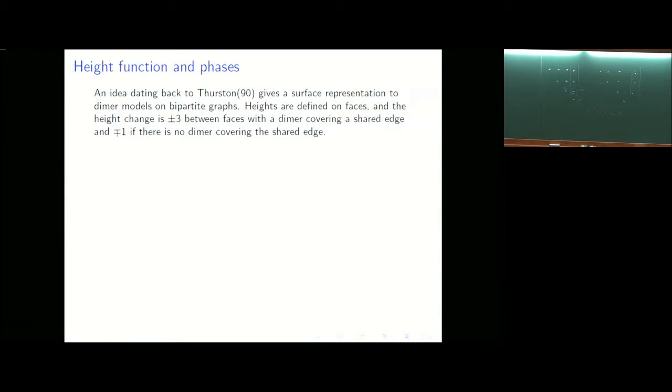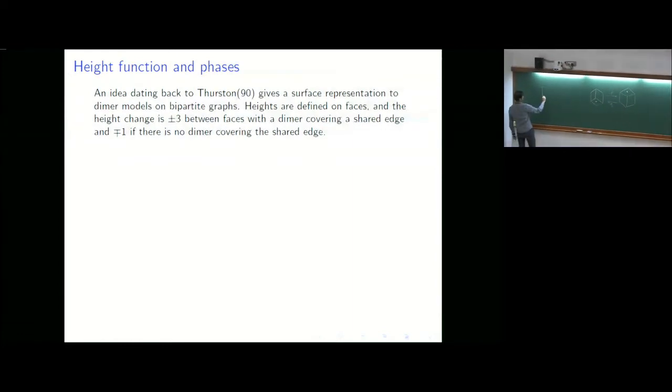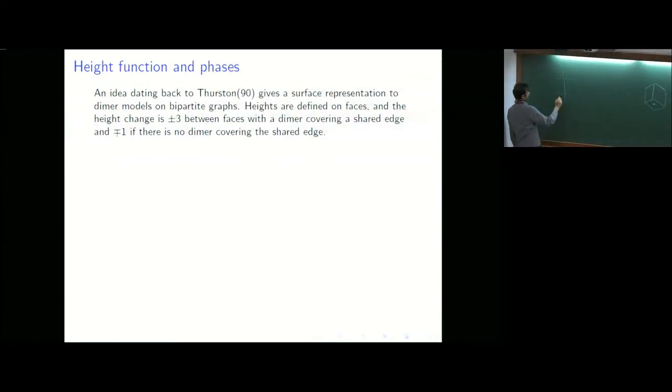So if you've got two faces, let's say the height here is 0, and let's say that there is a dimer covering that shared edge. Here, we're going to go up by 3.